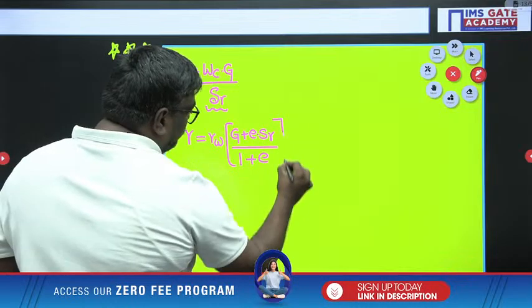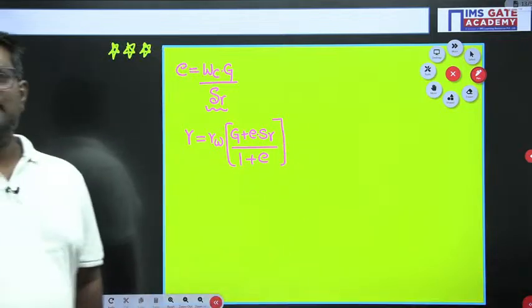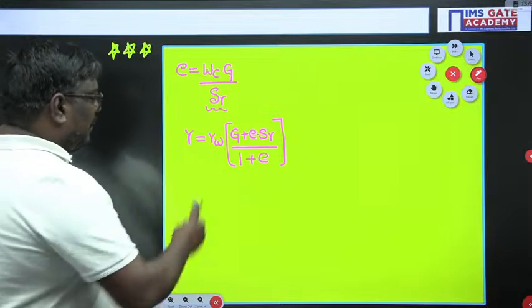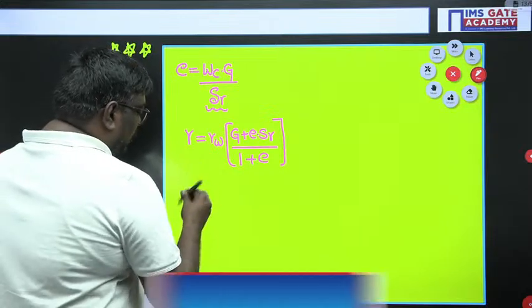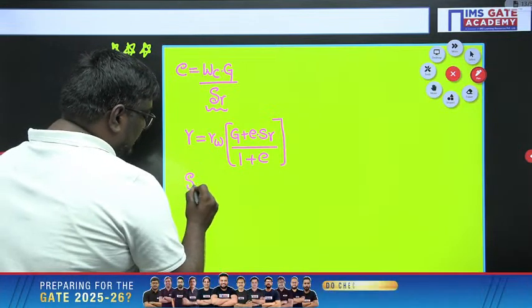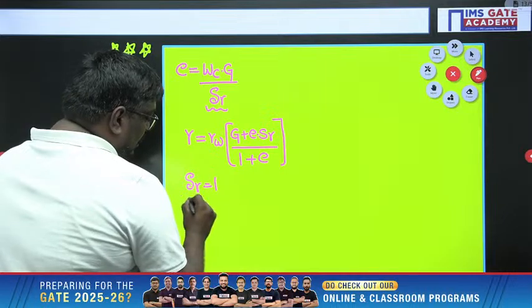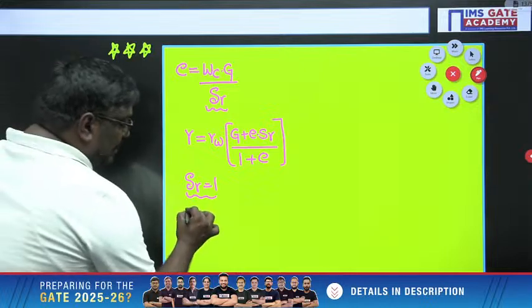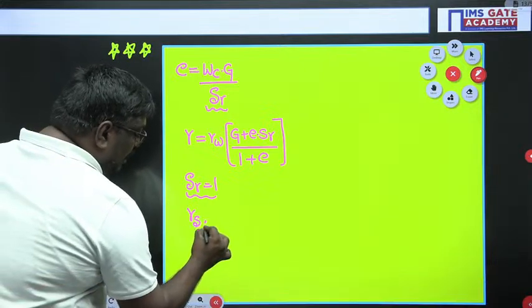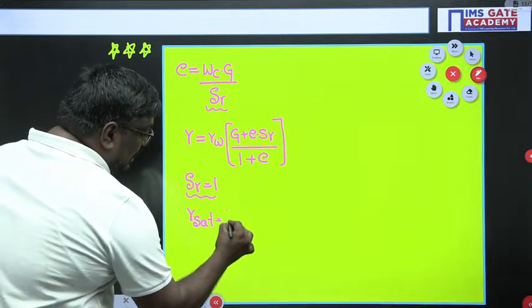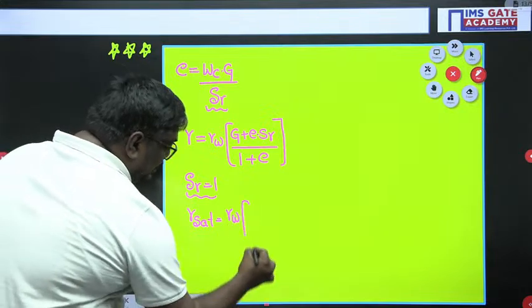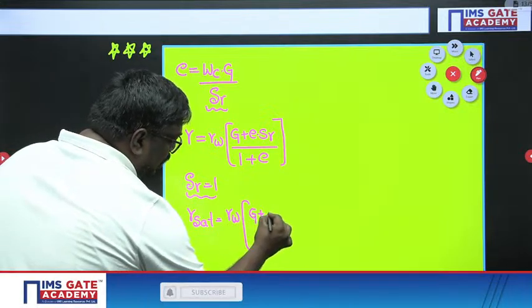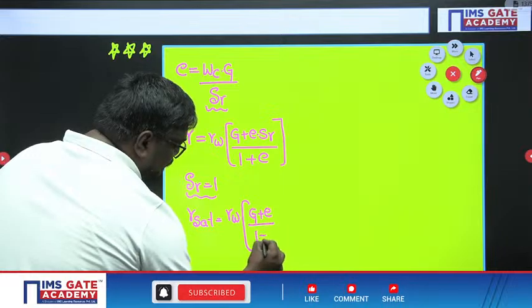Now when they ask you, if I substitute S_r equal to 1, it will become gamma_sat. So gamma_sat can be written as gamma_w into (G plus E) upon (1 plus E).